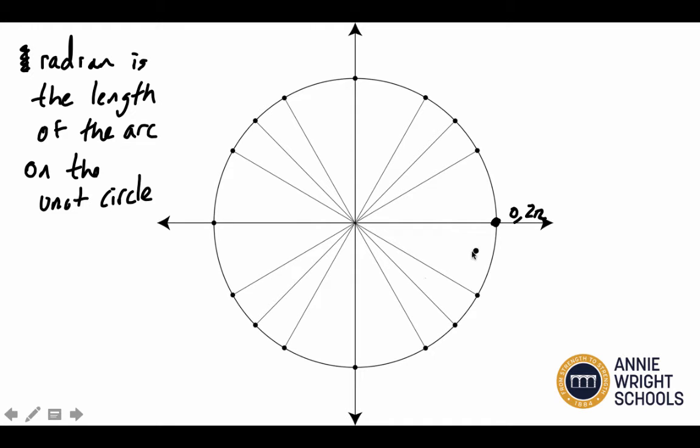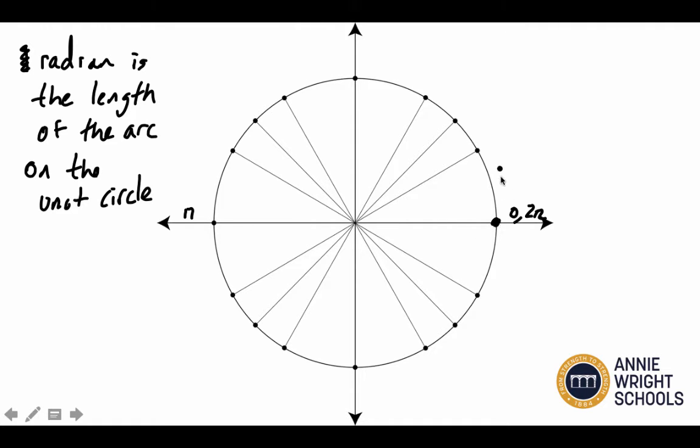Now radians have no units. In math, if you see an angle and there's no units associated with it, you should associate that as a radian measurement. If I go halfway around the circle, that's where we get pi.